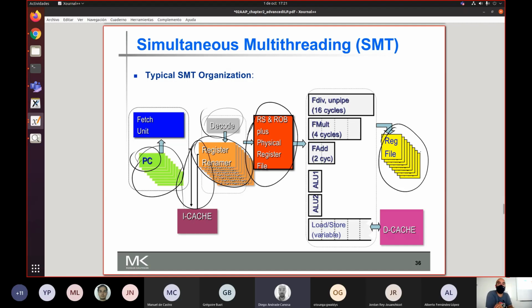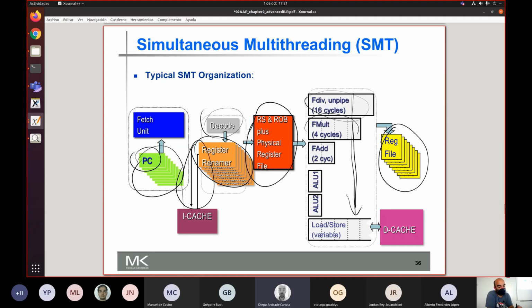And maybe you can say, okay, at the end, I'm replicating the full pipeline. But if you replicate the whole pipeline, you are just replicating the core of the processor, and this is a multi-core. No, some of the resources can be shared between different threads.